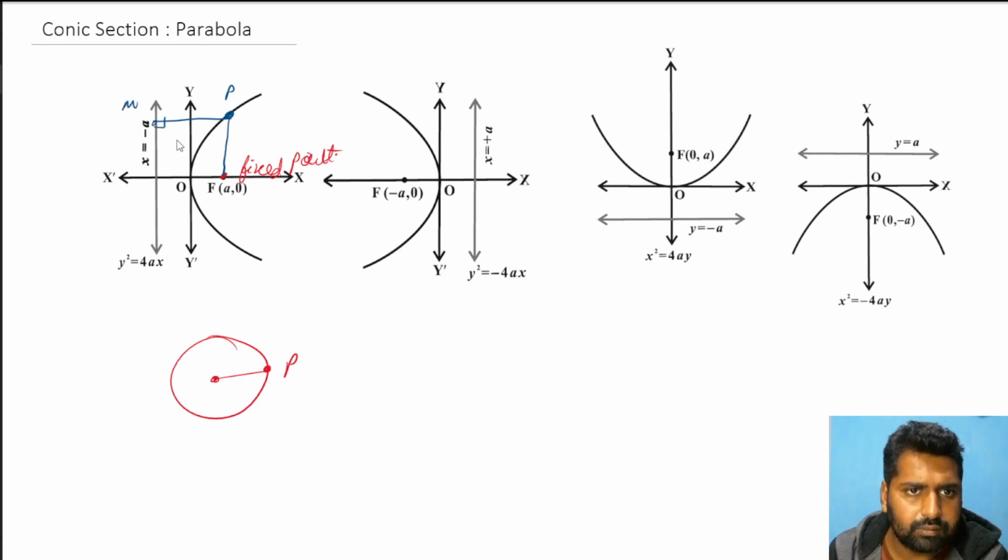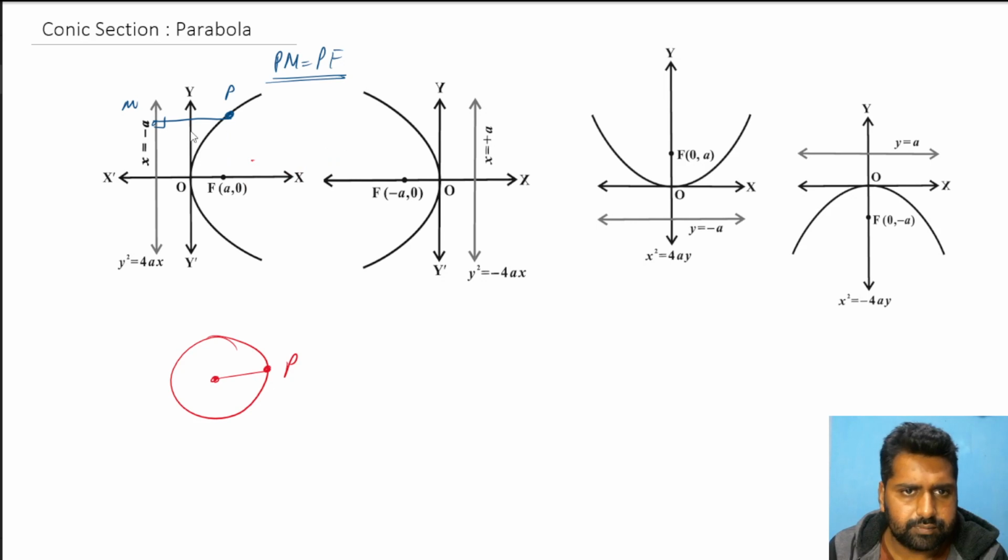So the idea is that in order to get the shape of a parabola, PM and PF must be equal. If we collect all the points which satisfy this condition, meaning the distance of the point from the focus, that fixed point, and from this line is equal, the collection of all the points is known as a parabola.